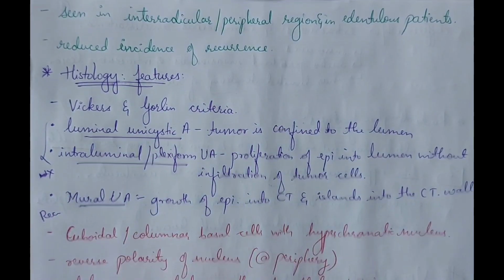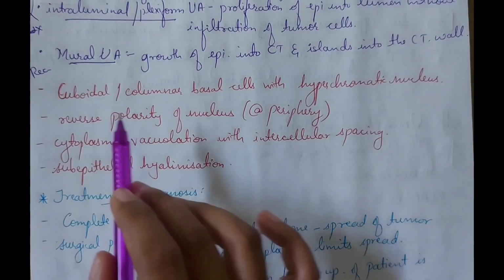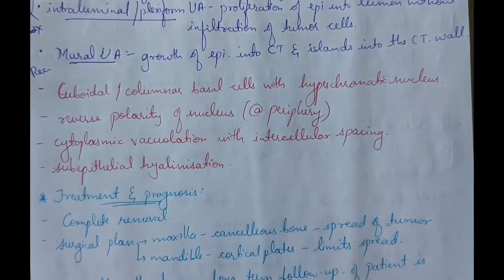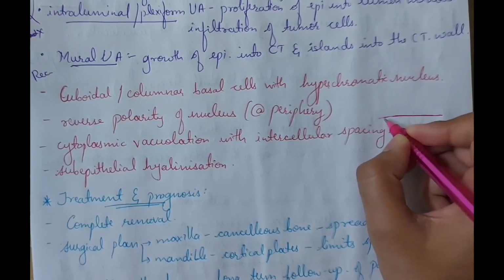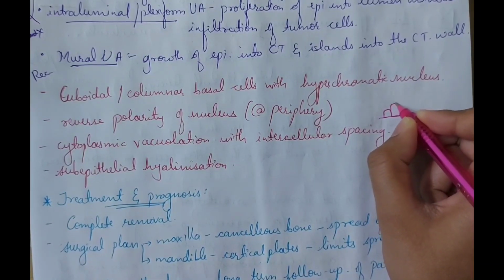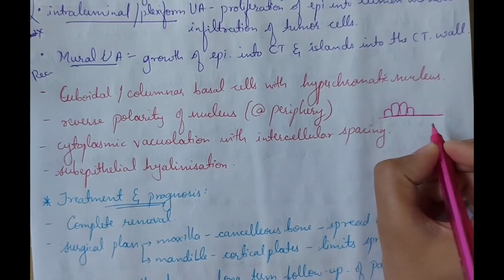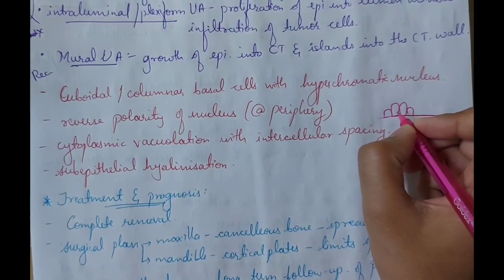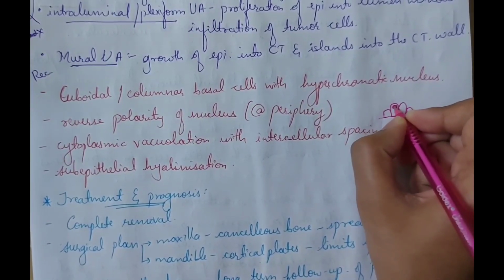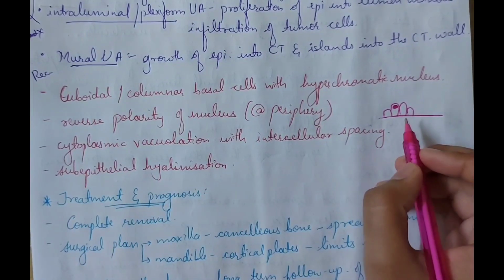Moving on to how the cells look: the cells will usually be cuboidal or columnar basal cells. This is the epithelium. The basal cells will be cuboidal or columnar, like this. The nucleus is hyperchromatic, it will be dark purple in color. Then there's reverse polarity of the nucleus, that is, at the periphery.